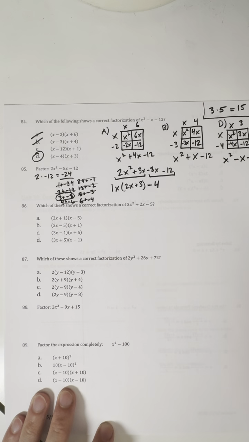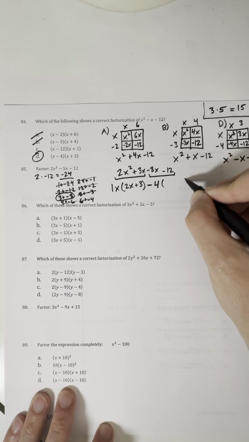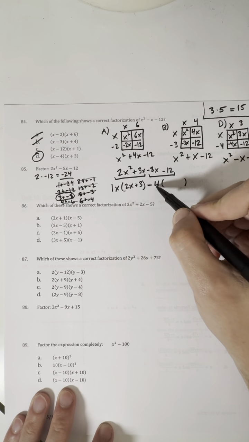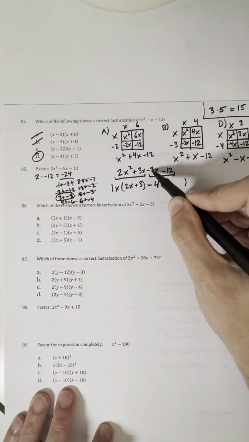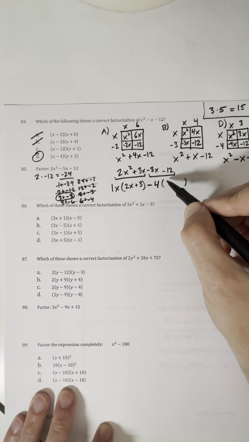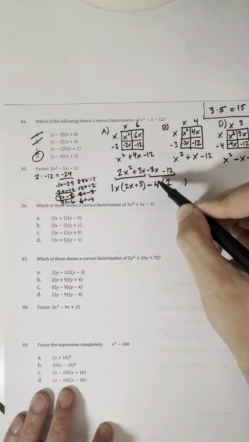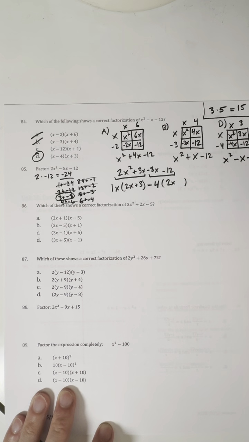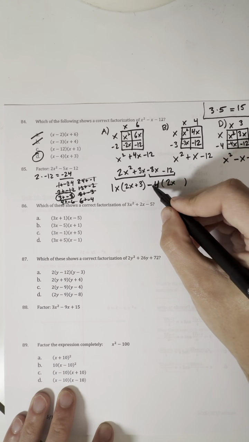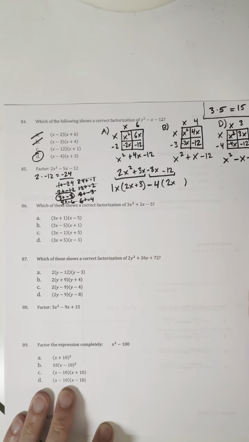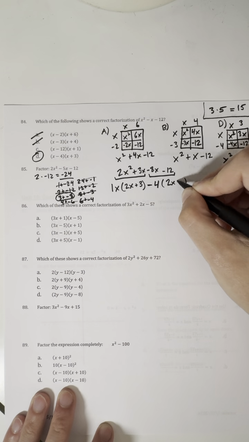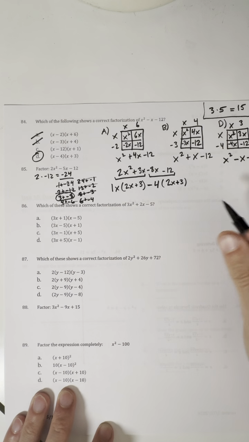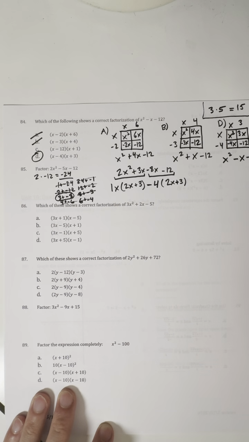And because they're both negative, I'm going to say negative 4. All right, it's parentheses time. Negative 4 times something gives me negative 8x. I need to multiply by 2, and I need to multiply by x. Negative 4 times 2x is negative 8x. And then I need negative 4 times something is negative 12. I think that something could be 3, because negative 4 times 3 is negative 12.